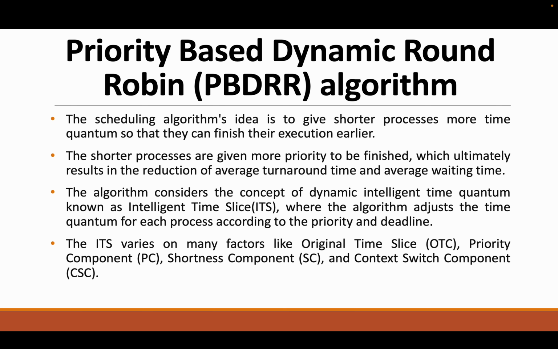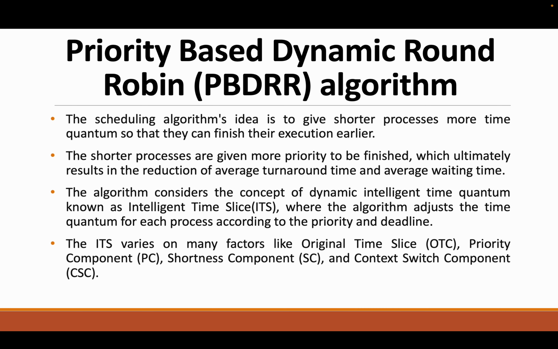The main concept revolving around this algorithm is intelligent time slicing. Intelligent time slicing is a way of allocating time quantum to each process involved in the algorithm. It considers various factors. For example, it considers the original time slice, also known as OTS.